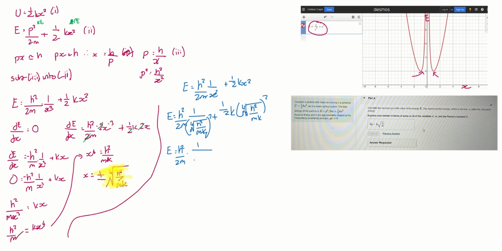So that ends up becoming the square root of h squared over mk, plus a half k. And we've got the same thing over here, times by the root of h squared over mk. So we got all that, fantastic.